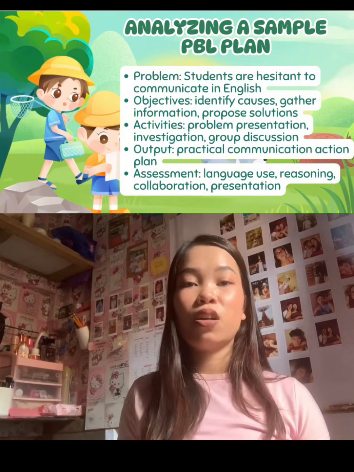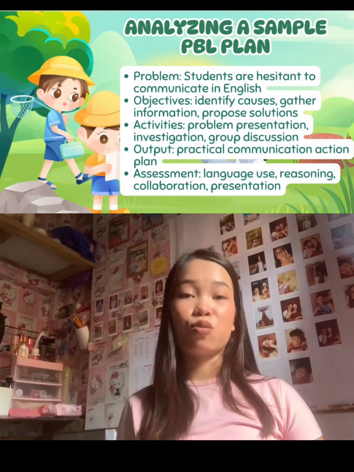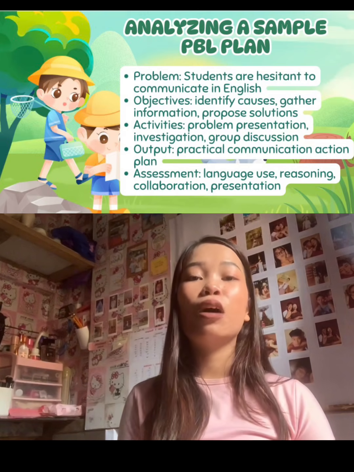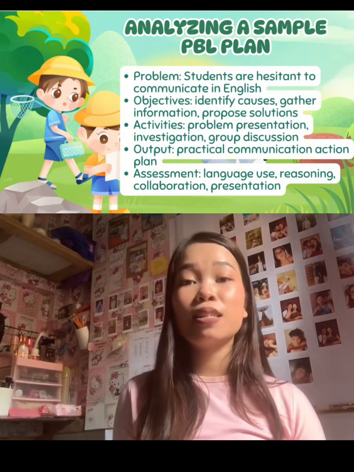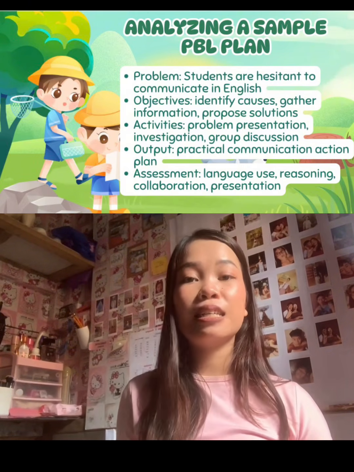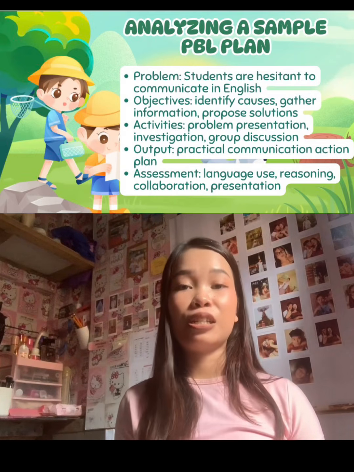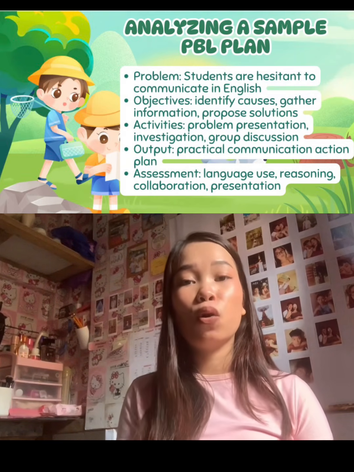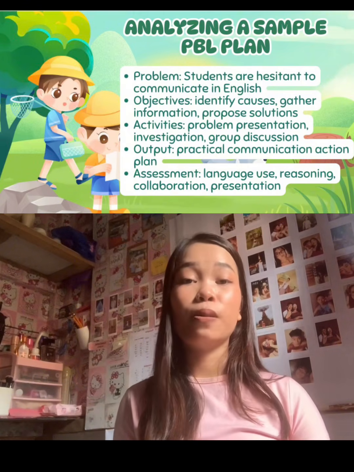The students then investigate it, discuss their findings, and develop a solution. The final output is a communication action plan. For assessment, the teacher can consider language use, reasoning, collaboration, and presentation skills. This shows that PBL integrates both content learning and language development.